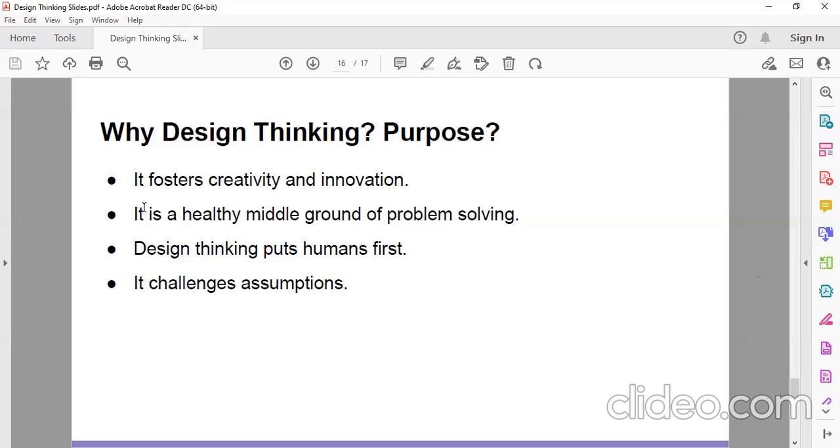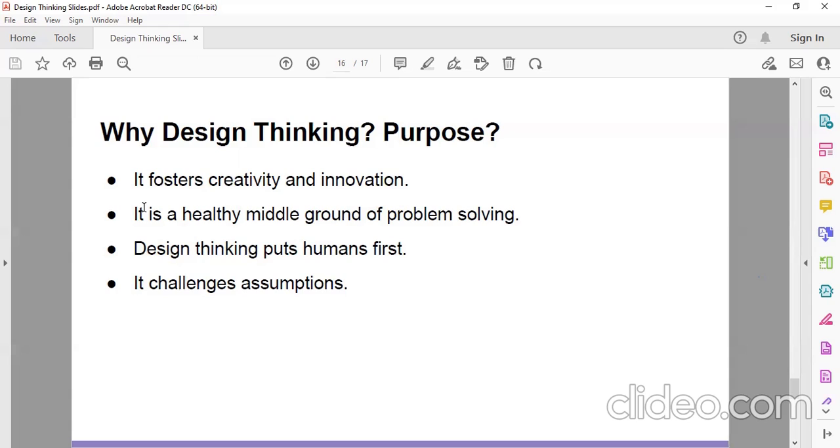Design thinking is a mixture of science as well as emotions, intuitions, and so on. Okay, you analyze the stuff, and with your intuition also you are making some decisions. So it's a mixture of the types of problem solving. That's why we call it a middle ground of problem solving.